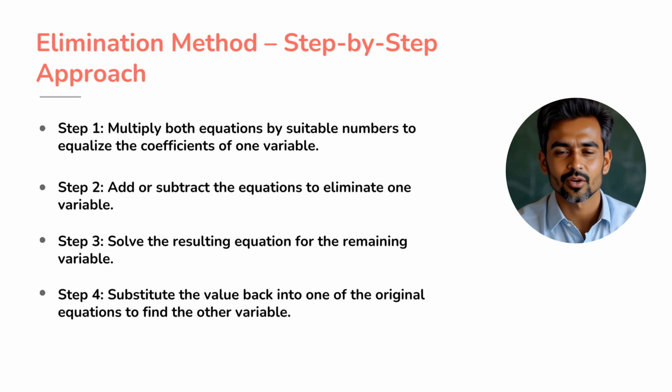Now, subtract or add the two equations to eliminate one variable. This will leave us with an equation in one variable. Step 3. Solve the resulting equation for the remaining variable. Step 4. Finally, substitute this value into one of the original equations to find the other variable. This method is efficient when dealing with equations that can be easily manipulated.